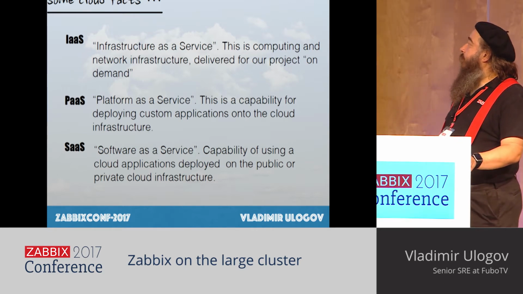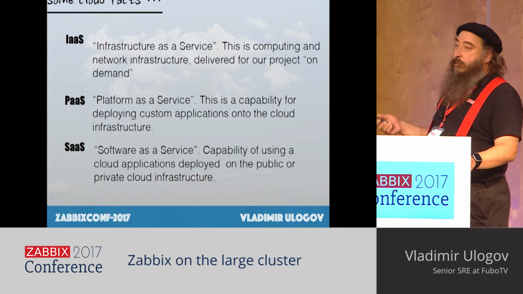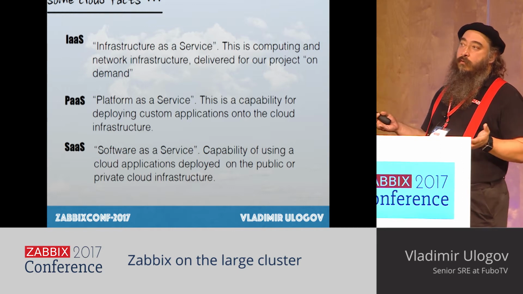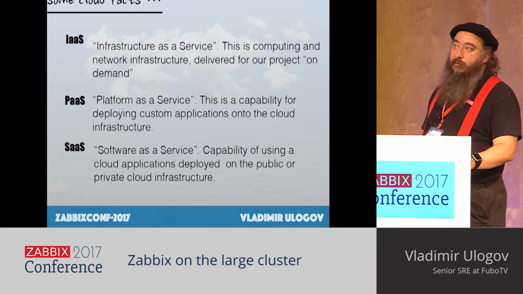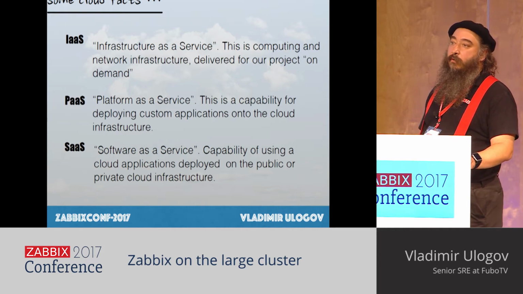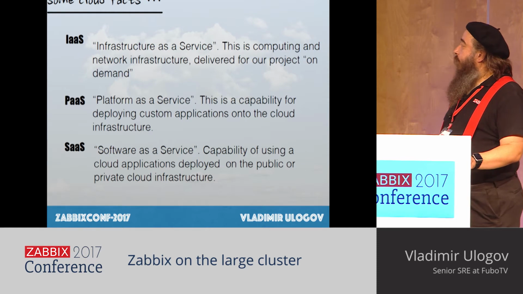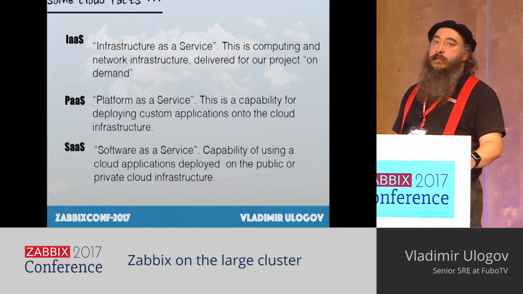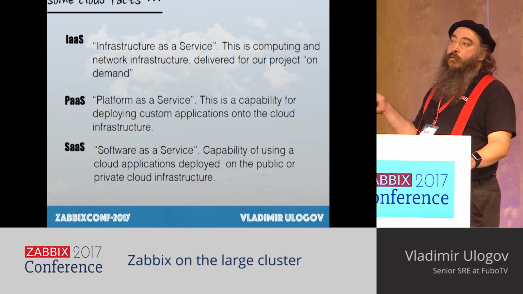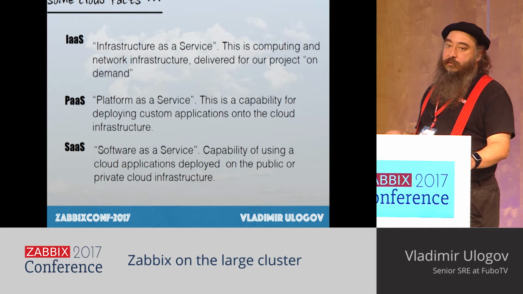Platform as a service is the capability of deploying your custom application on the cloud. So this is not part of the cloud deployment per se. This is part of your own deployment. And software as a service is the software pieces, better to say, which are available to you on the cloud platform as a service.